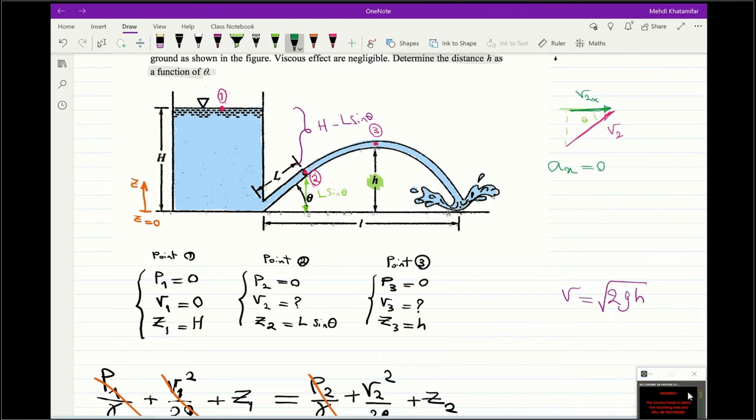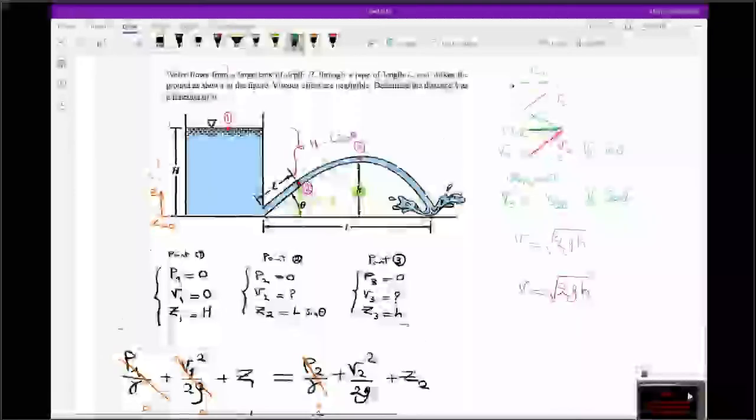Therefore, the velocity at point 3 is going to be equal to the horizontal component of the velocity at point 2, which is going to be v2 cosine of theta. Okay. Now we have the velocity at point 3.